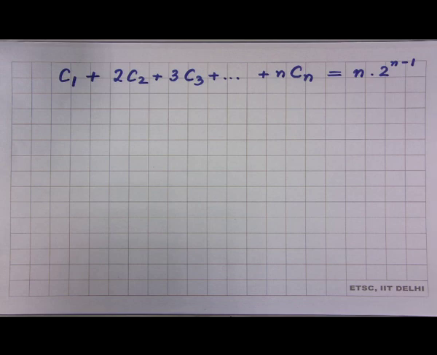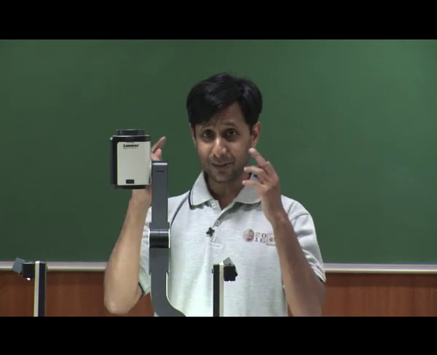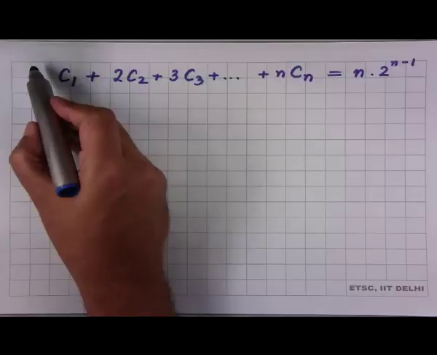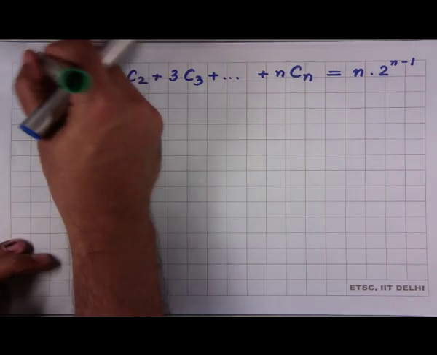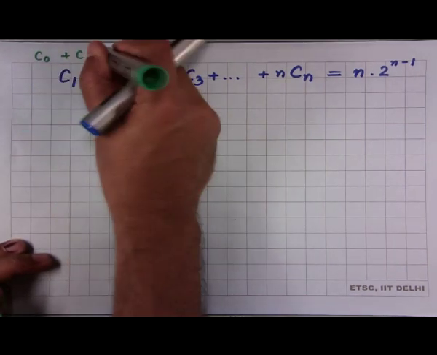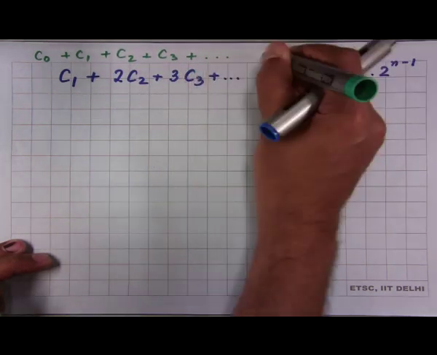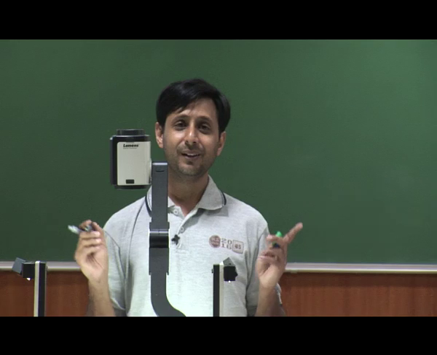Will you be able to do it? How will you do it? So, earlier what did we do? Earlier the one was C 0, we started from C 0 over there, plus C 1 plus C 2 plus C 3 all the way till C n. And what did we get? How did we do this?